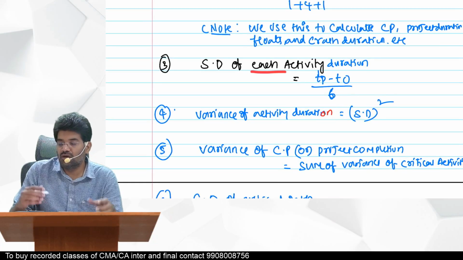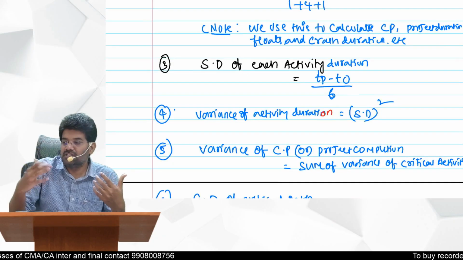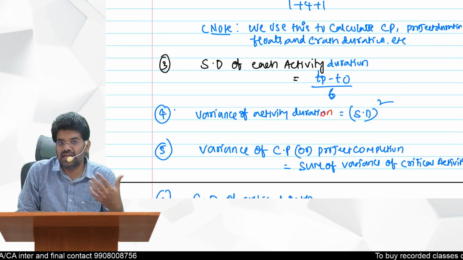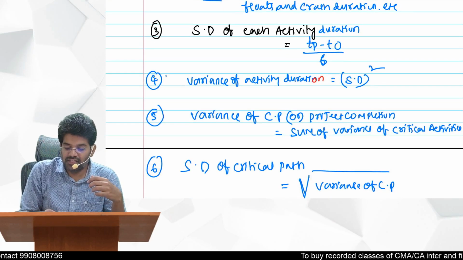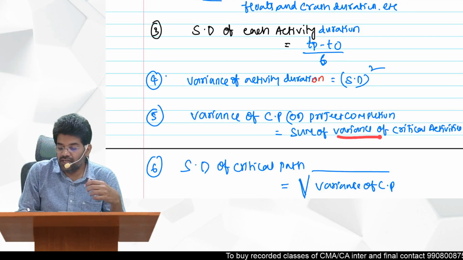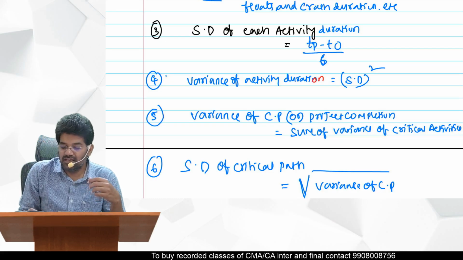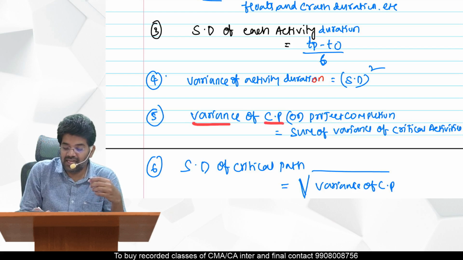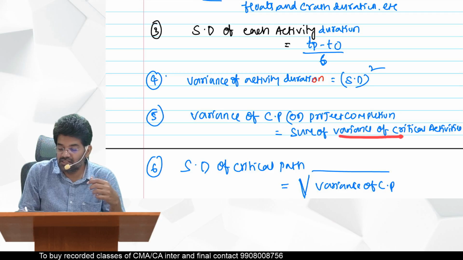Now if you want the standard deviation of the critical path or project completion, of the entire project, how do you calculate that? Variance of the critical path or project completion is the sum of variances of the critical activities.